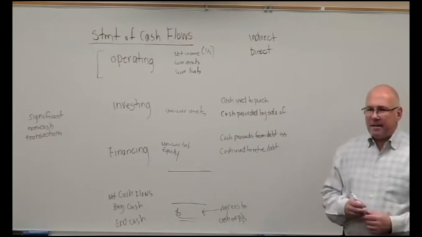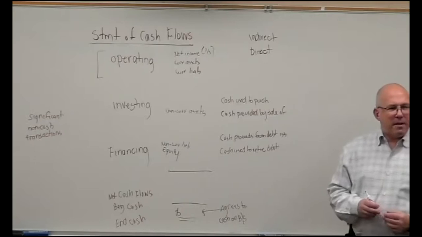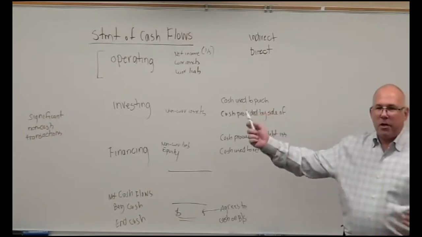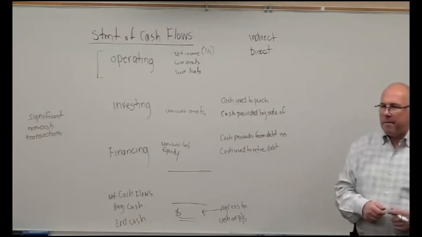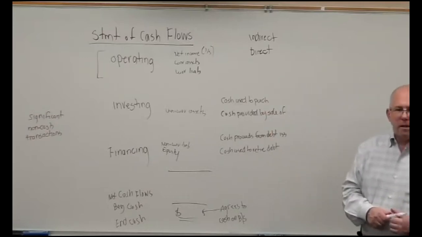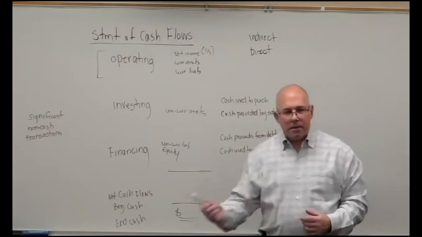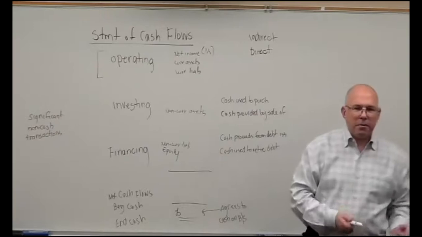And what we do with that section is to treat things that aren't on the statement of cash flows, but could have been. For instance, let's say we want to buy a building. To raise the cash for the building, we sell stock.